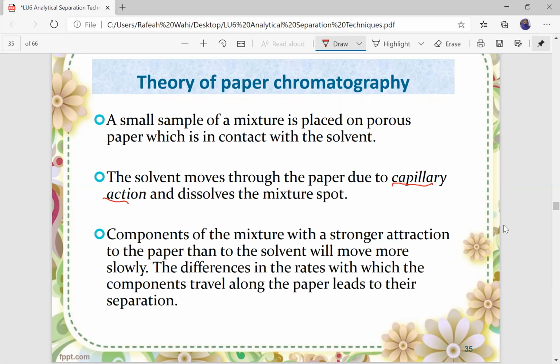And the difference in the rates with which the components travel along the paper leads to their separation. If you remember just now, we talked about migration rate, and migration rate depends on the polarity of your sample.